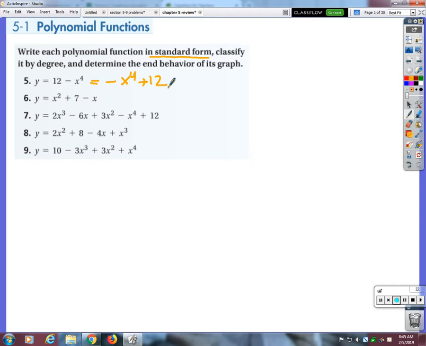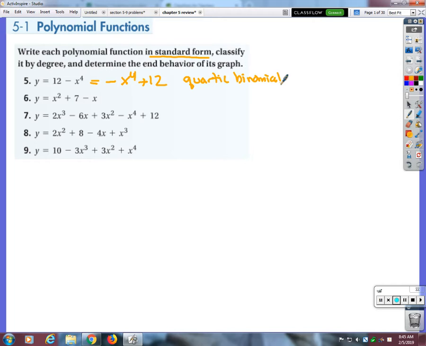All right. So then you start to name it. What is it named by its degree? Quartic. And how many terms are there? So it is a quartic binomial. What is the end behavior of the graph? Up, up, down, down, up, down, down, up.